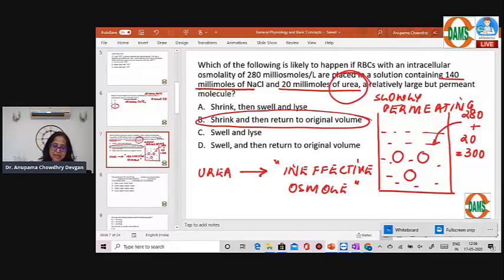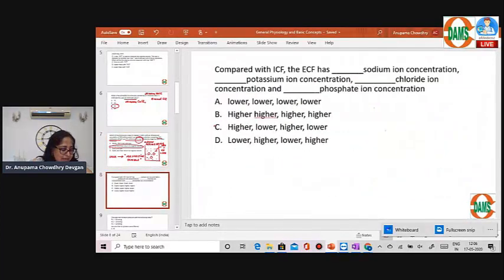Okay, all right. Next, let's see this. Compared with ECF, the ICF has sodium ion concentration lower or higher. Compared with ICF, ECF has higher sodium, lower potassium, higher chloride, lower phosphate.